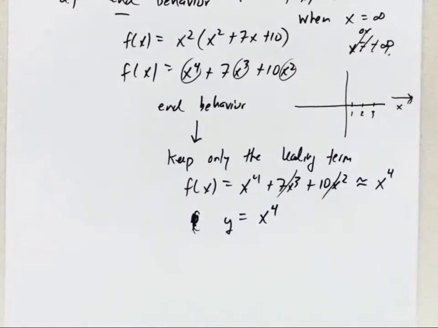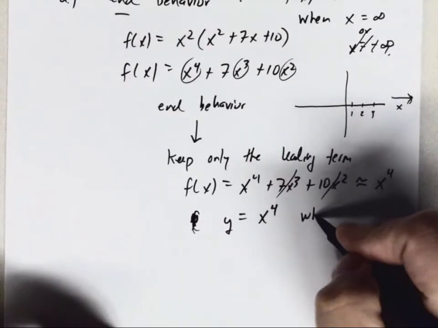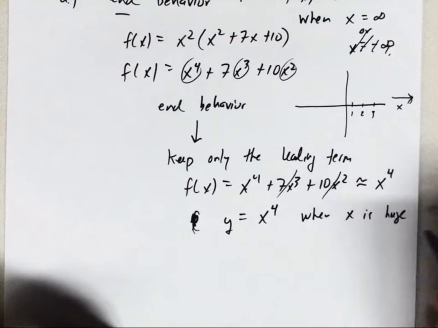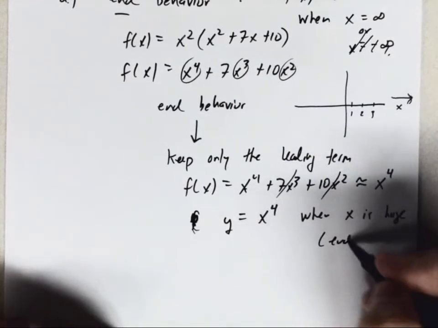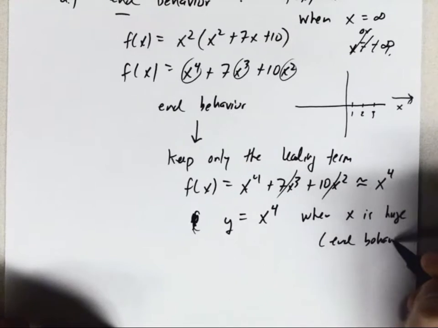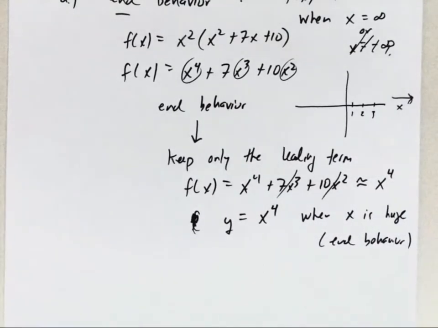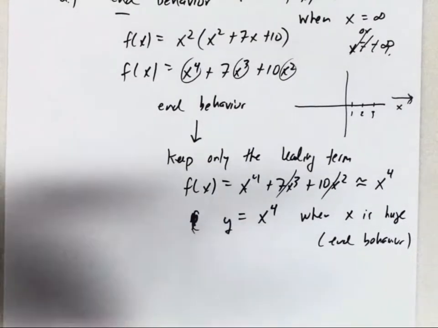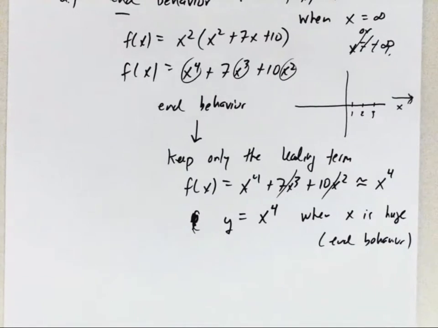Basically, I can say y equals x to the fourth. Let me make it clear. When x is huge, which is a way of saying when I'm looking at the end behavior, basically the function, or y, is going to equal x to the fourth.